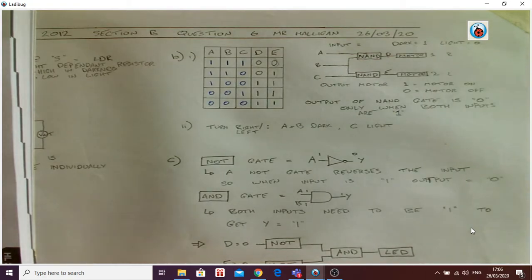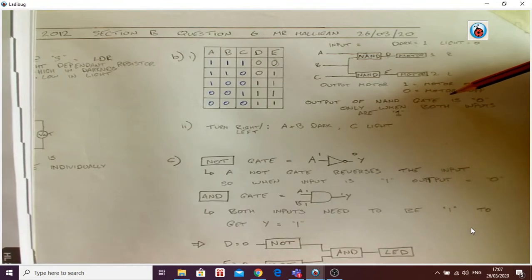If you were looking at your notes, a NAND gate is a combination of an AND gate followed by a NOT gate. The output of a NAND gate is 0 only when both inputs are 1.